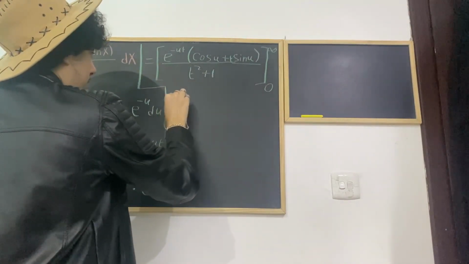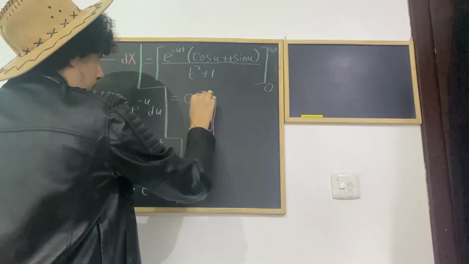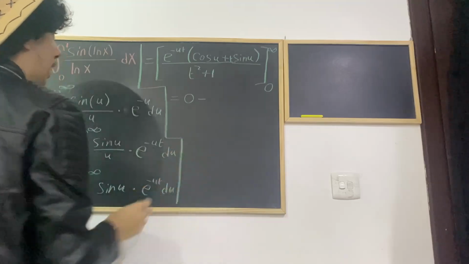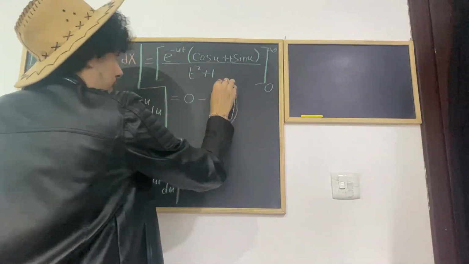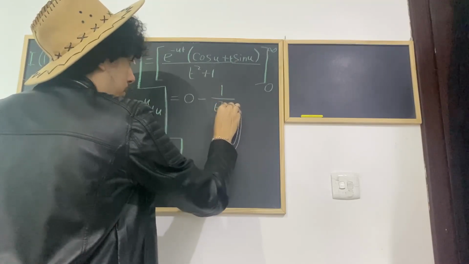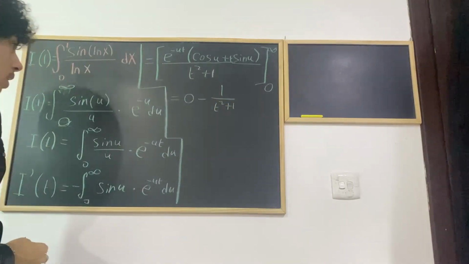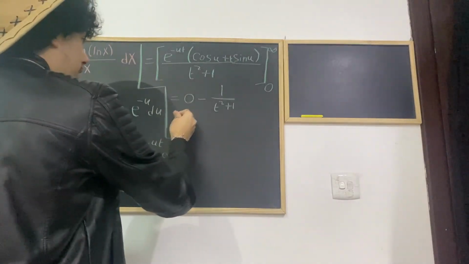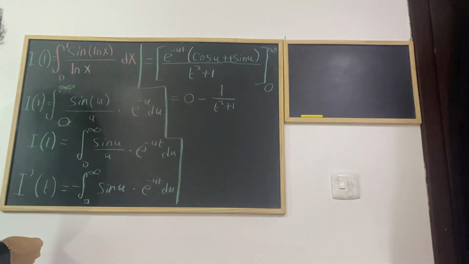So we're going to have this is equal to 0 minus. Now, what if we take u as 0? If we take u of 0, we're going to get 1 over t squared plus 1. So, I dash of t is equal to negative 1 over t squared plus 1.